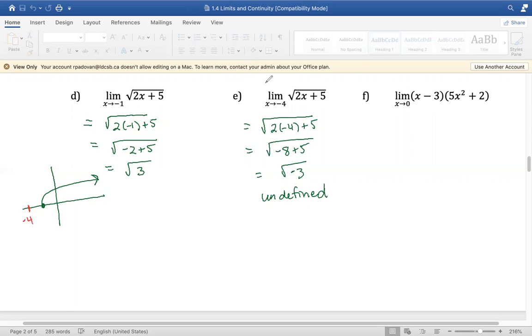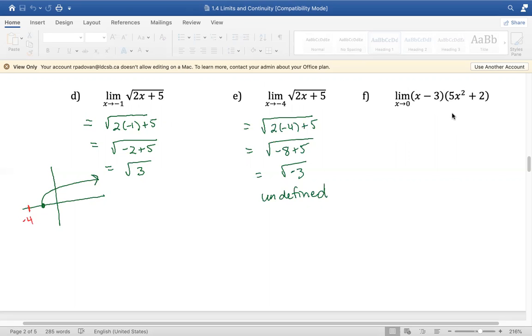Let's look at a different example here. The limit as x is approaching 0 of x minus 3 multiplied by 5x squared plus 2, which is also, if I took x and multiplied it by 5x squared, I'd get 5x cubed. So it's a cubic polynomial.